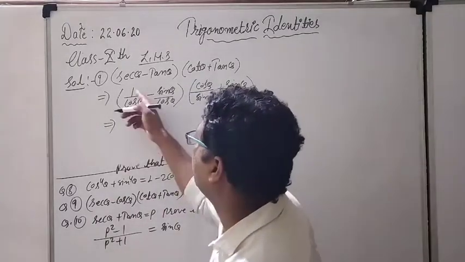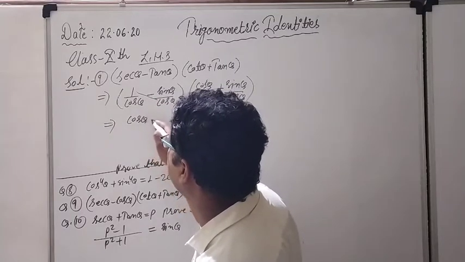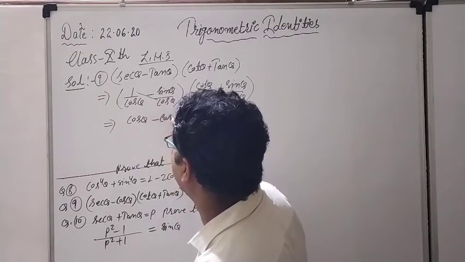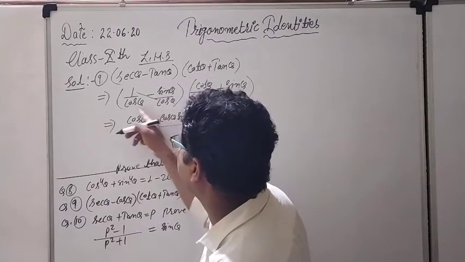How? By cross multiplication: 1 into cos theta, so cos theta here, minus cos theta into sin theta, upon cos theta.